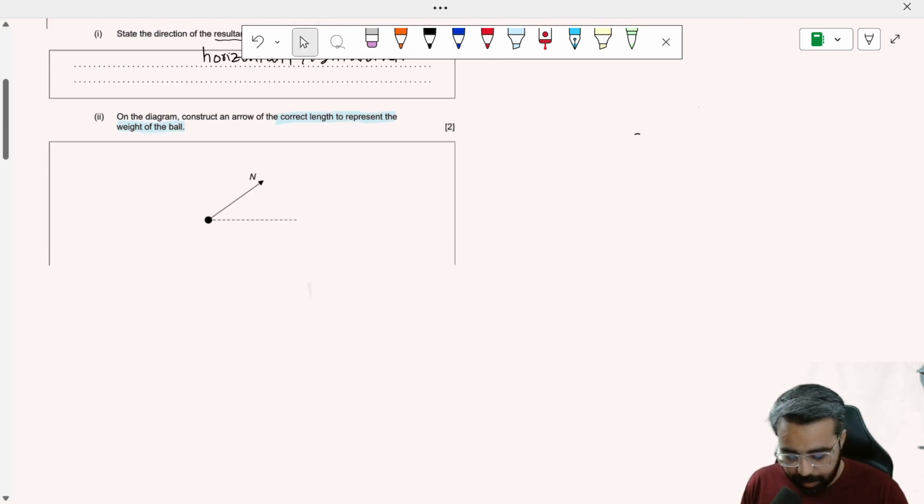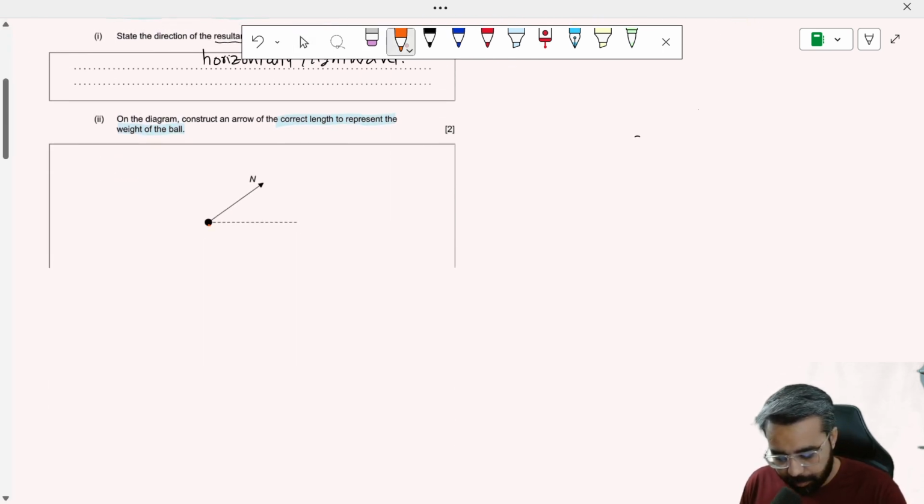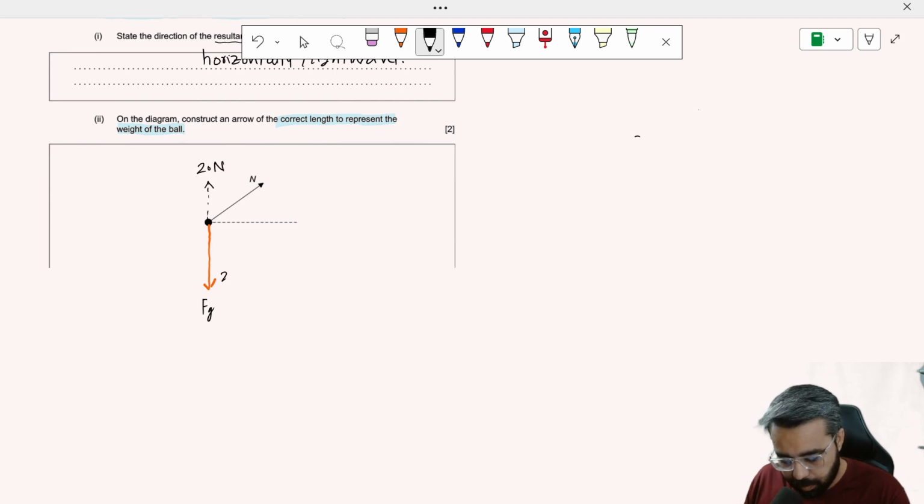If you draw a very long vector, it will not cancel out this component of the normal force. If this component is 20 newton, then the weight should also be 20 newton, so that the resultant force is horizontally rightward.